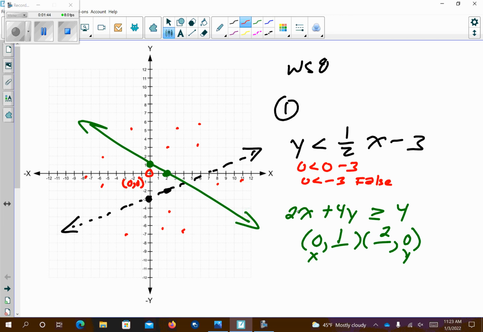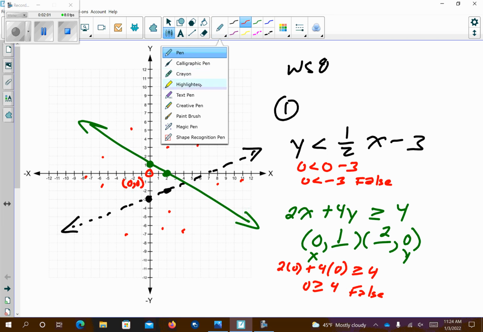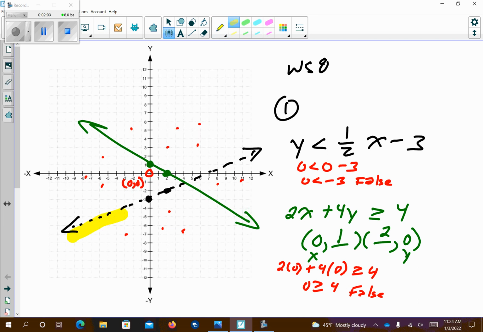But we're going to take the same ordered pair and plug it into the bottom equation. So 0 is greater than or equal to 4, and that's also false. Okay, so because it was false on the black, that means it has to shade down here on the black.